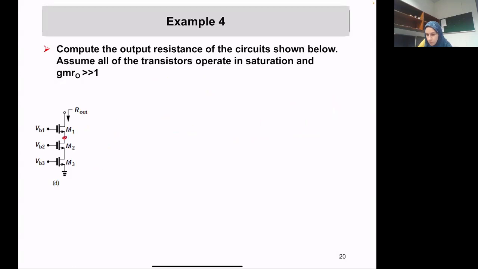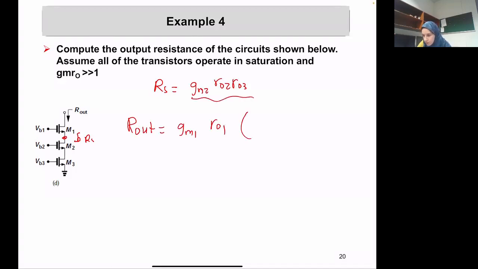Let's see what our RS is. Our RS is from down here. Therefore the entire R out will be GM1 times R out 1 times our RS, which is GM2 R out 2 R out 3.